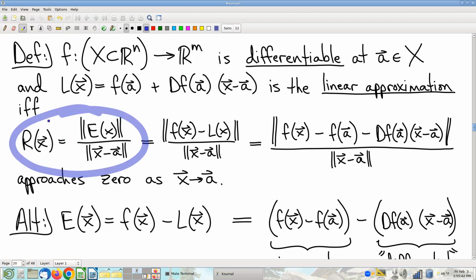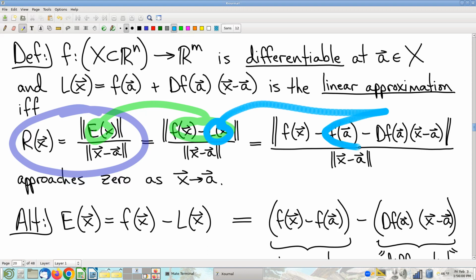Relative error is defined by this formula right here. Again, it's error divided by the distance you are away from the input. Error, don't forget, is actual value minus estimated value. Estimated value, don't forget, is our linear approximation formula. It's this thing right here.